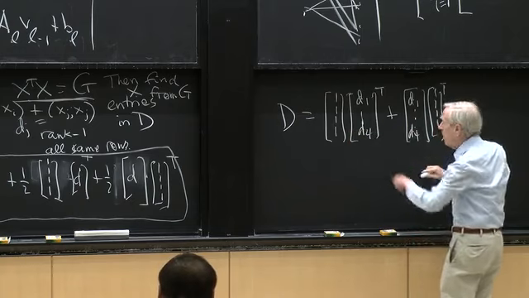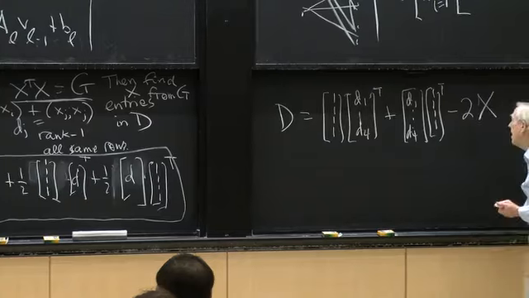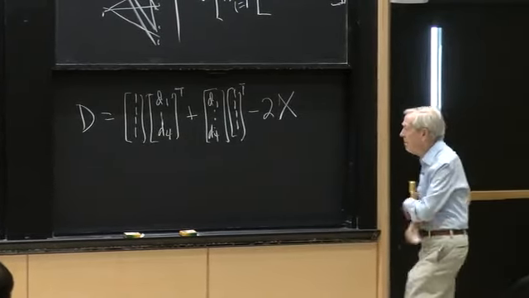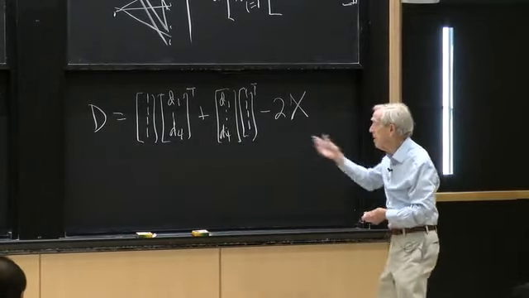And then the other one was a -2 of the cross product matrices. Ah, I see. Yeah. So when I write that equation in matrix language, I just get that.